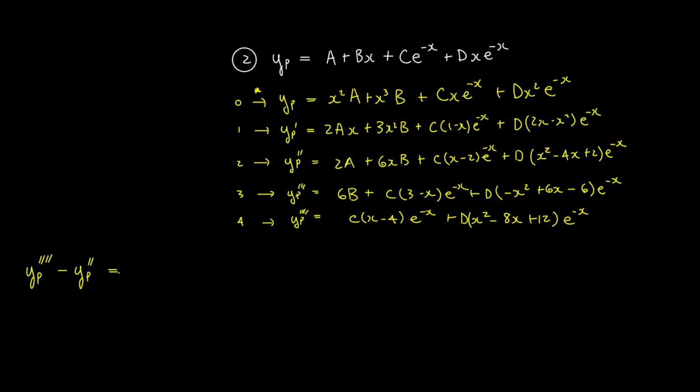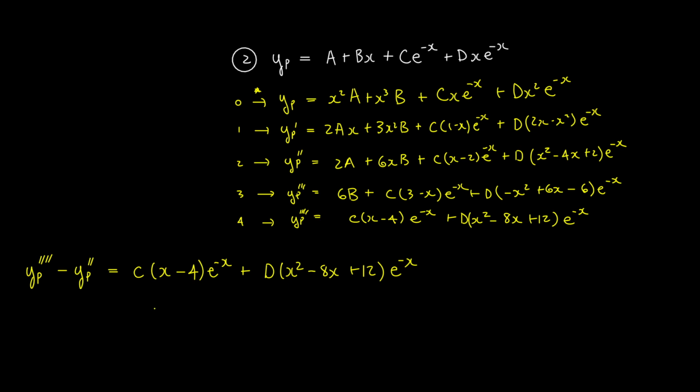In this case, we're going to have (cx - 4)e^(-x) + (dx^2 - 8x + 12)e^(-x). So that's just the fourth derivative here. And we want to subtract from that the second derivative.